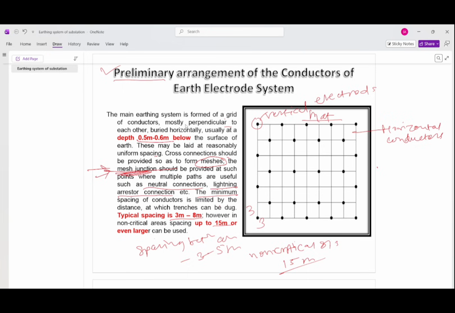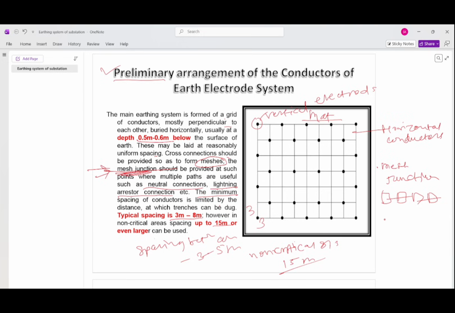Smaller meshes are provided like this and are interconnected. So the mesh junction should be provided at such points where multiple paths are useful, such as neutral connection and lightning arrestor, and why this is important.